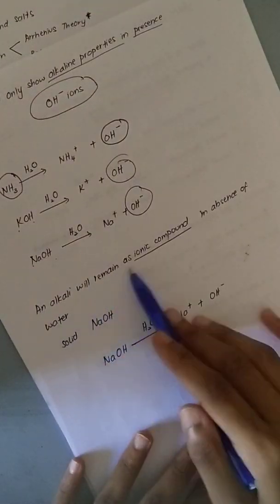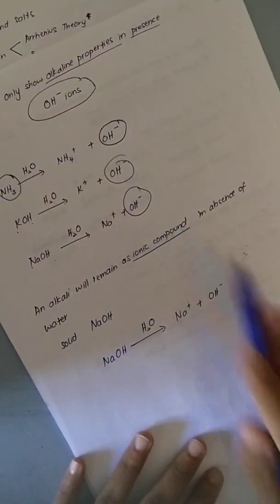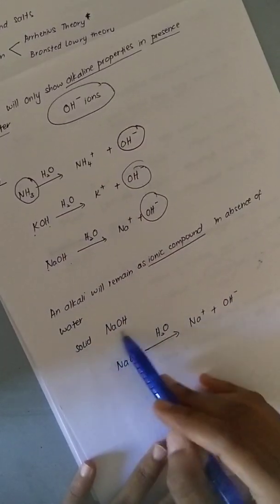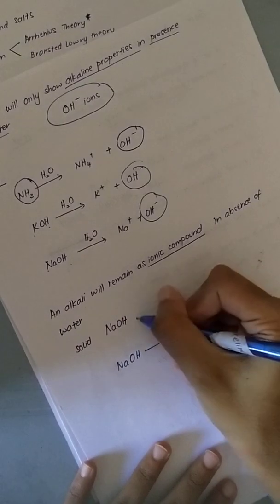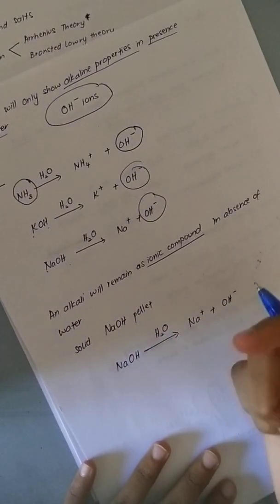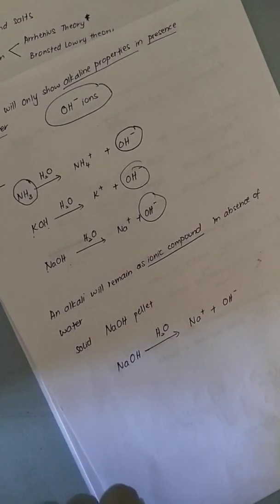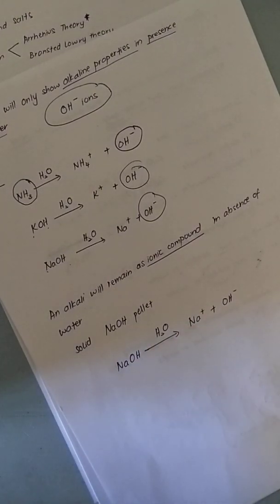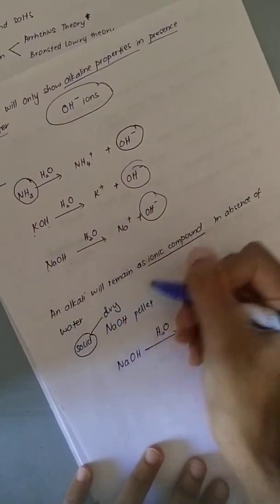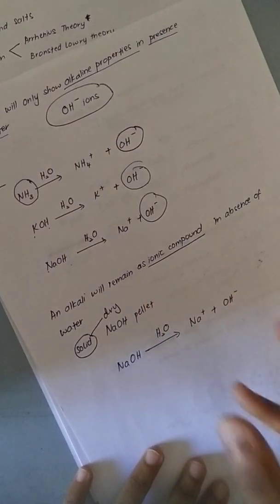An alkali will remain as an ionic compound or as a molecule in the absence of water. So let's say I take a solid sodium hydroxide pellet. Pellet means it's just a solid cube like that. If I take that and put it on my hand, nothing will happen to my hand. My hand will not burn. The reason is because it's solid. Solid means it's dry. It's a dry sodium hydroxide pellet.